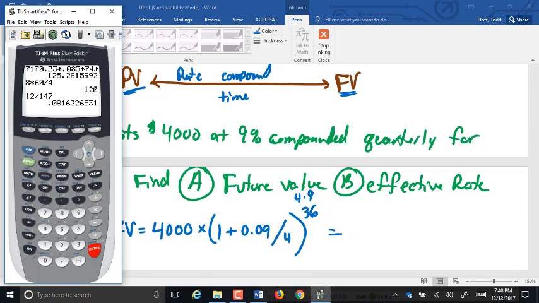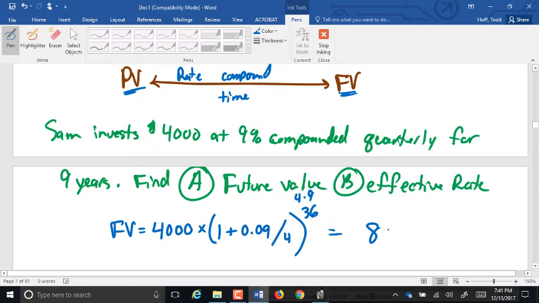And that's not for future value, not for compound interest. That's only for annuities. So 4,000 times, parentheses, 1 plus 0.09 divided by 4, close to the power of 36. We get 8,911.27. That's our future value.